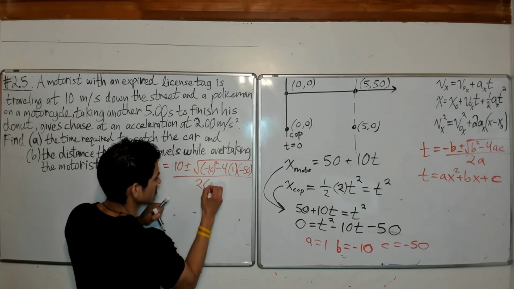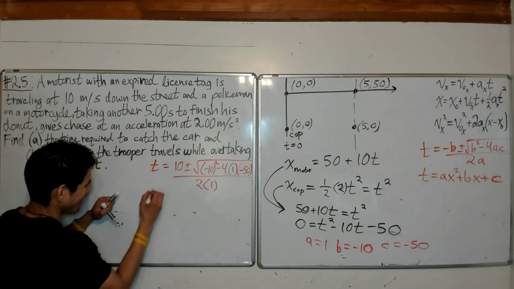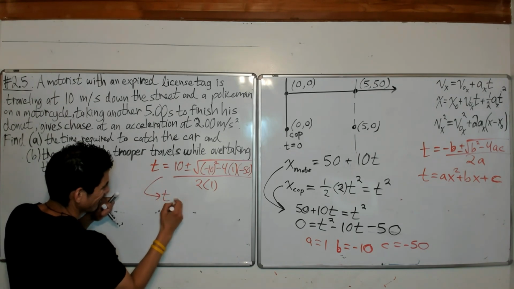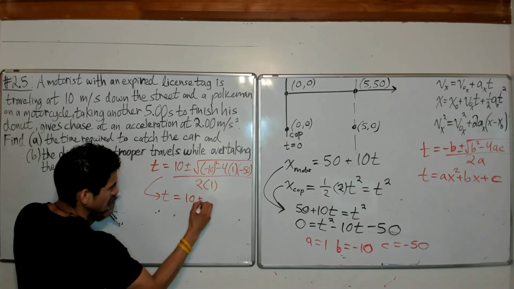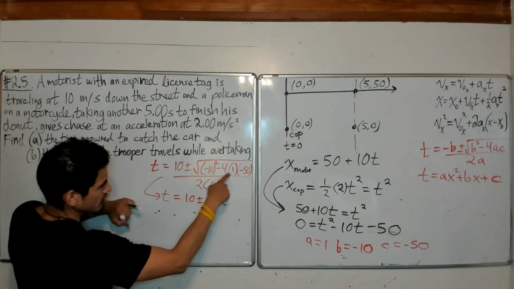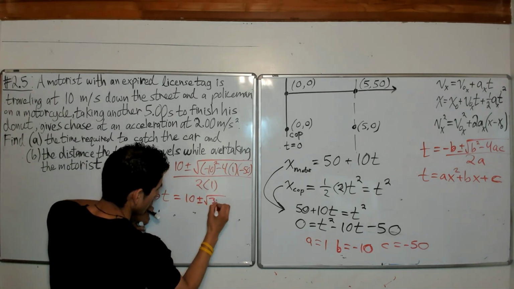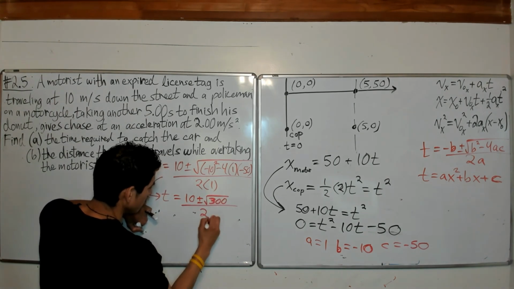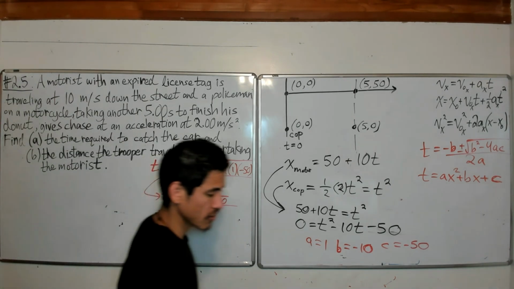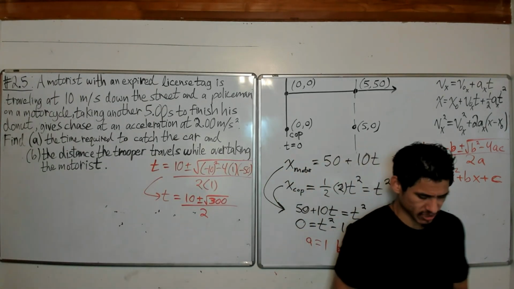So all over 2 times 1, or 2. Now this will be 10 plus or minus the square root of 100 plus 200, which is the square root of 300, all over 2.